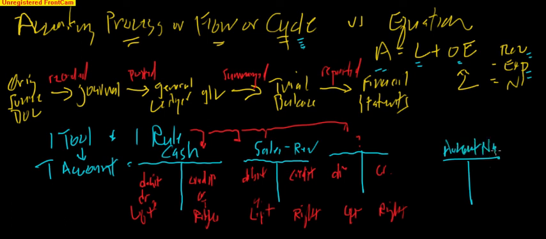The rule is every T account has a left side, which is a debit side, and a right side, which is a credit side. You're going to have to just get familiar with this. Debits on the left, credits on the right.